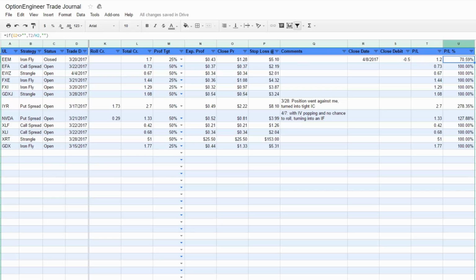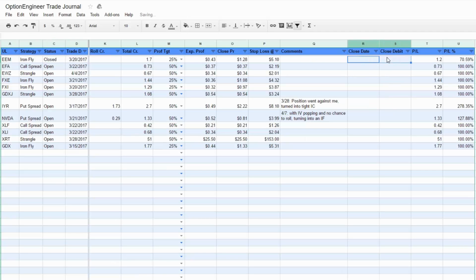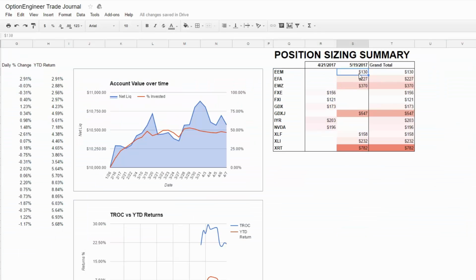It'll also switch the status over to closed, so that in your overview tab, if you're looking back over it, EEM should not show up on this chart here. Then just to make sure it's working correctly, take it off, and now you've got your EEM position. So here you have a better way of looking at your overall investments and where your risk is at.